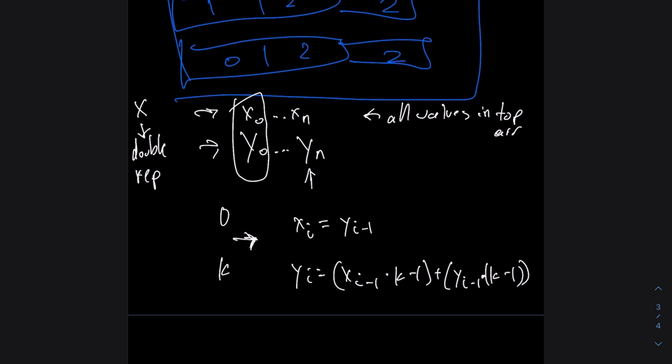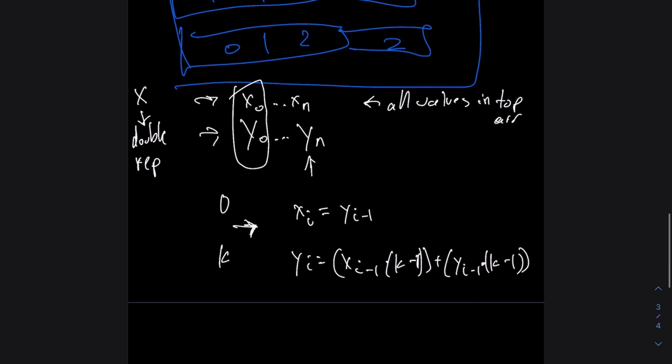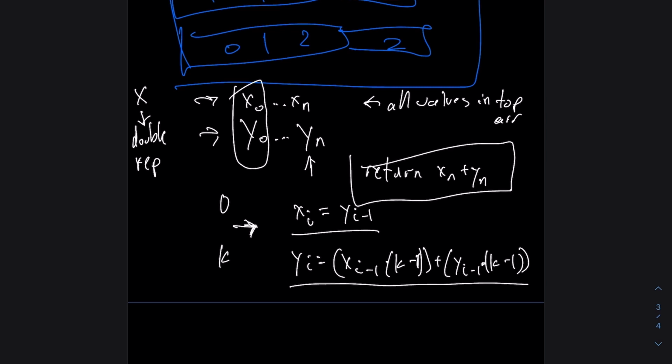And of course, we have to put these in brackets to make sure our operations are in the right order. And with these two formulas, you iterate one at a time. You eventually get to the end. You get to x sub n, y sub n, and then for the return answer, you just end up returning x sub n plus y sub n.